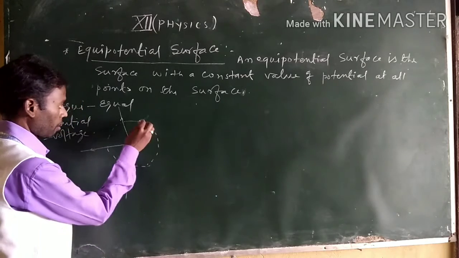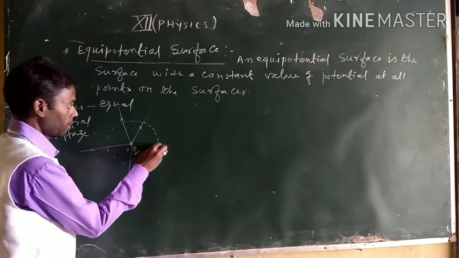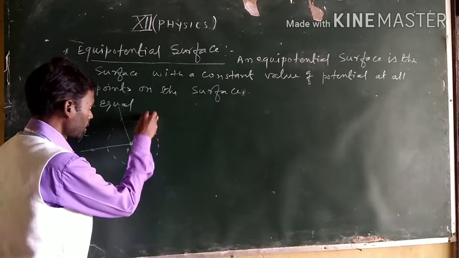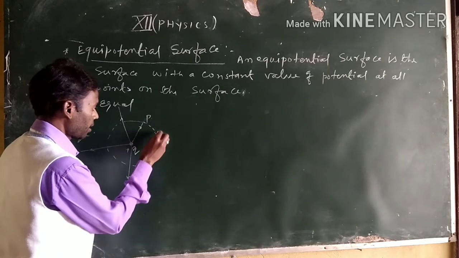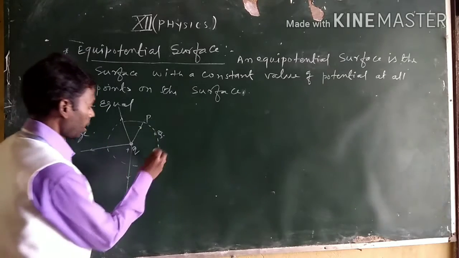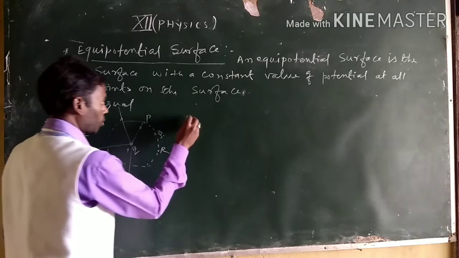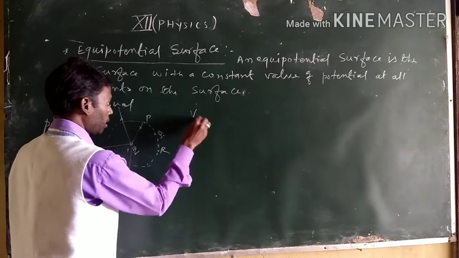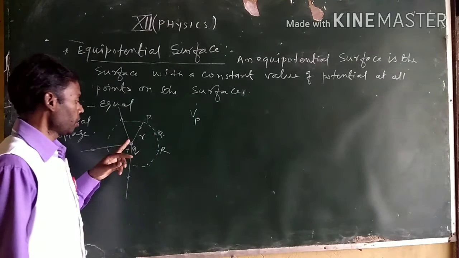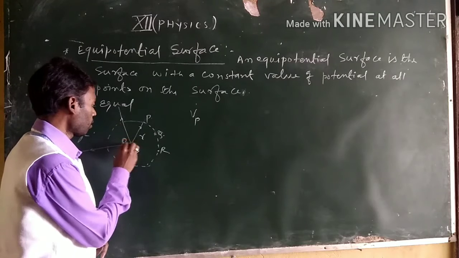At all points here, all points will be at equal potential. This is point P, this is point Q, and here is point R. Suppose O is the origin, with plus Q charge at the origin.